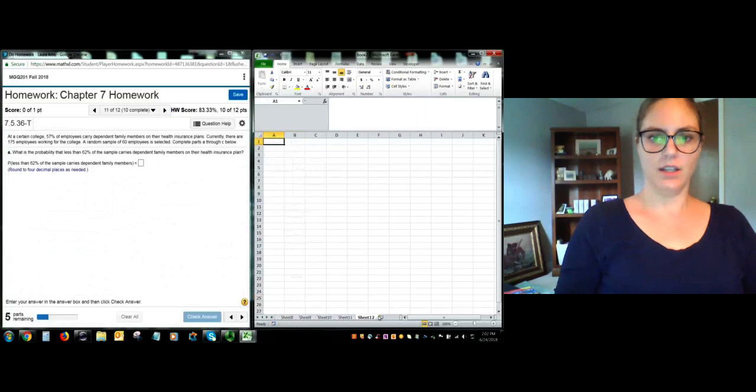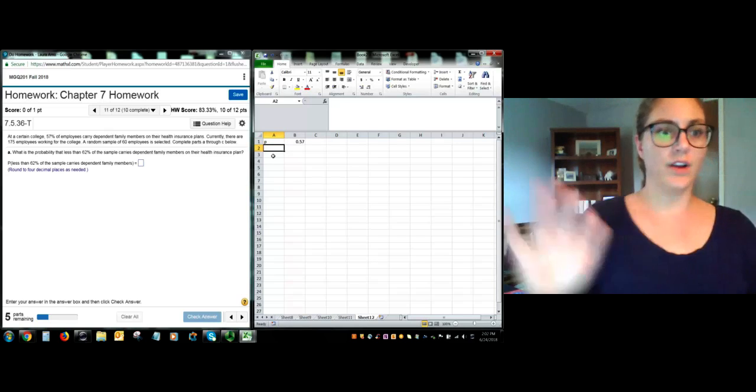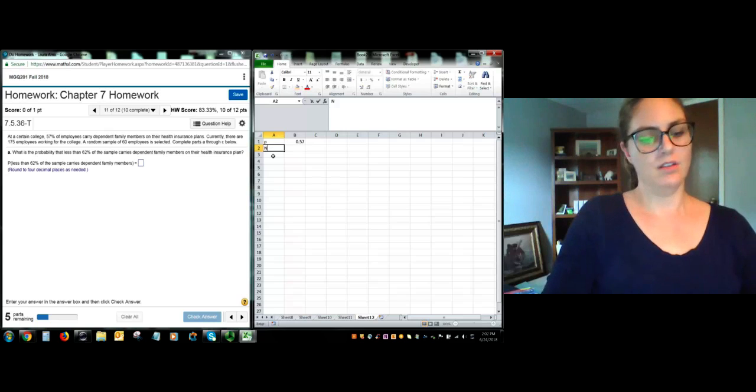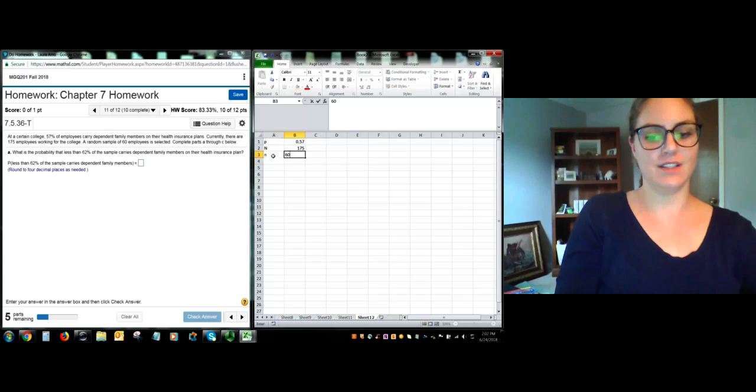All right, at a certain college, 50% of employees carry dependent family members on their health insurance plans. Okay, so we know that p is equal to 0.57, and currently there are 175 employees working for the college. Big N is 175, and here they're saying little n is 60.